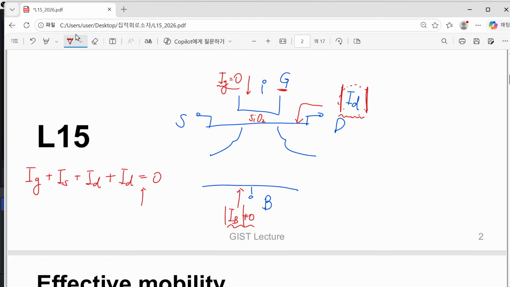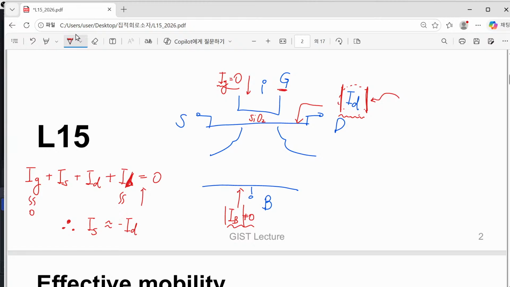We must have 0 total current, but we have assumed that the gate current is almost 0 due to the perfect isolation, and the body current is very small, not exactly 0 but quite close to 0. So from this relation, the source current should be almost the negative of the drain current. That's the reason why we have concentrated only on the drain current.